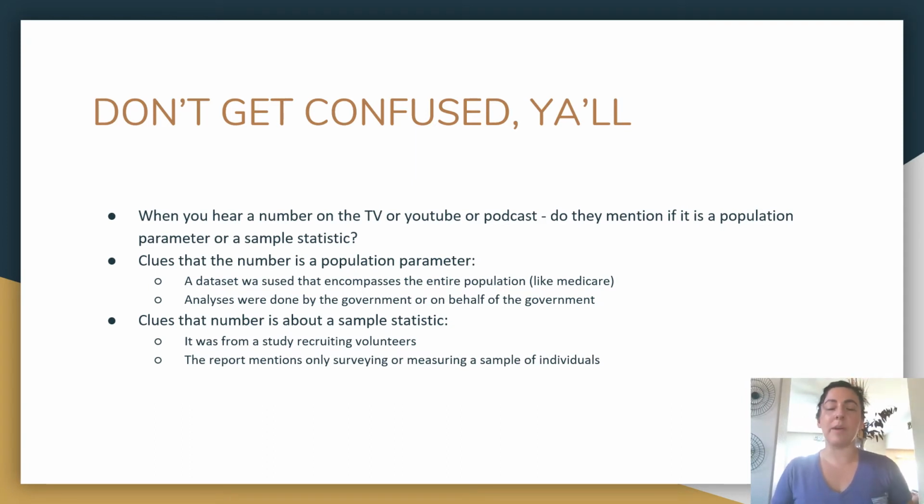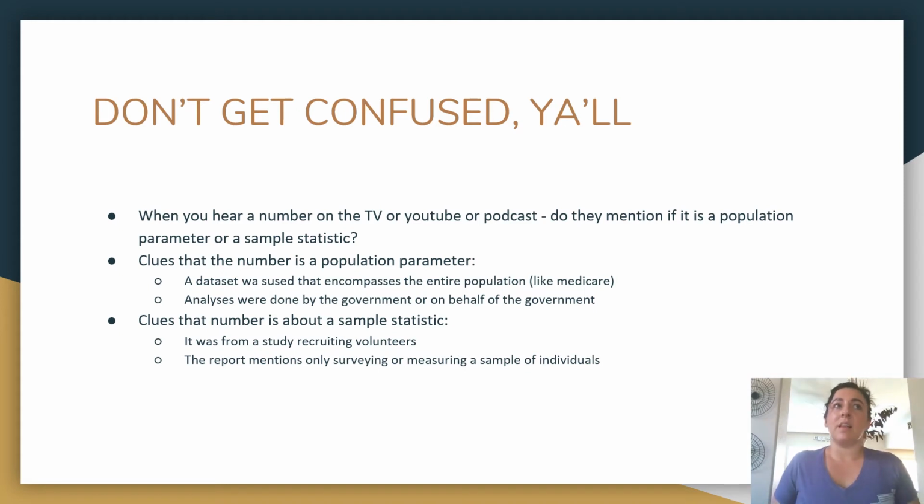Not everyone is going to volunteer to provide data, so that's a huge clue that this is a sample statistic, not a parameter. Also, the report might mention only surveying or measuring samples of individuals. If you hear the words polling and things like that, that might indicate a sample statistic. Not all the time, but usually that would be it.